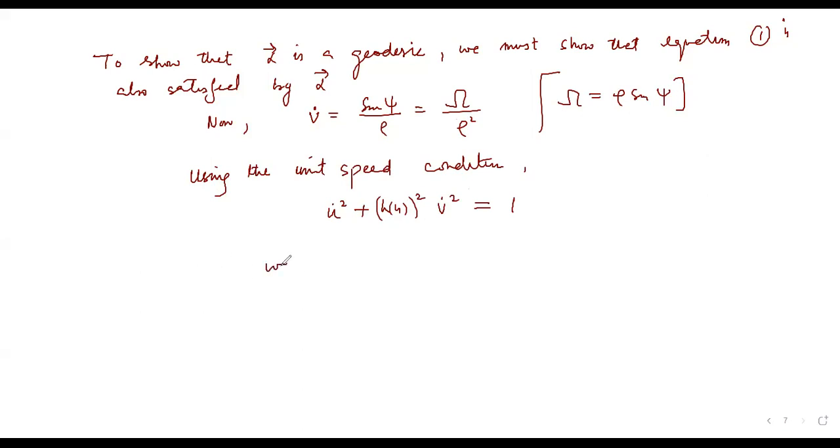So we get u dot square is equal to 1 minus h of u square, which is rho square v dot square, but v dot itself is equal to omega by rho square, so it would be 1 minus rho square times omega by rho square whole squared, so that would be 1 minus omega square by rho square.